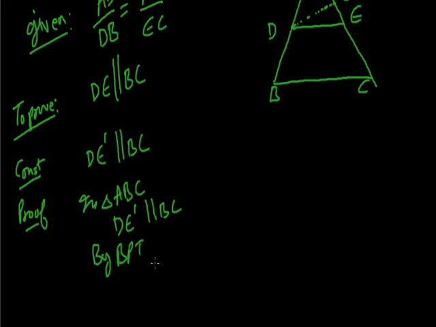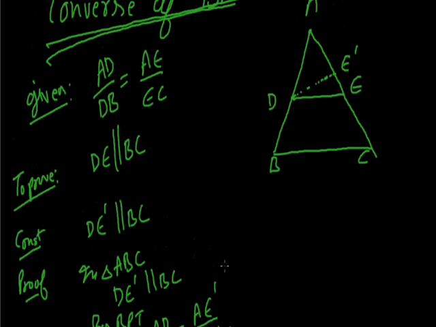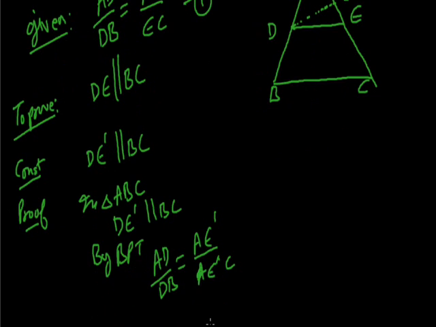So by BPT we can say that AD upon DB is equal to AE dash upon E dash C. Let the given condition be equation 1 and this equation be 2.